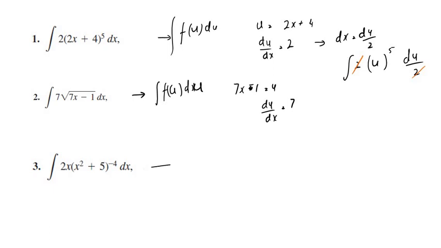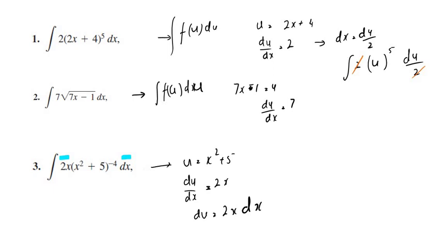Now this is a little tricky. We see that there is a 2x here, so ideally we want 2x dx to be du. We see that as the opportunity if we use u equals x squared plus 5. If u equals x squared plus 5, du over dx is equal to 2x. So in other words, du is equal to 2x dx.